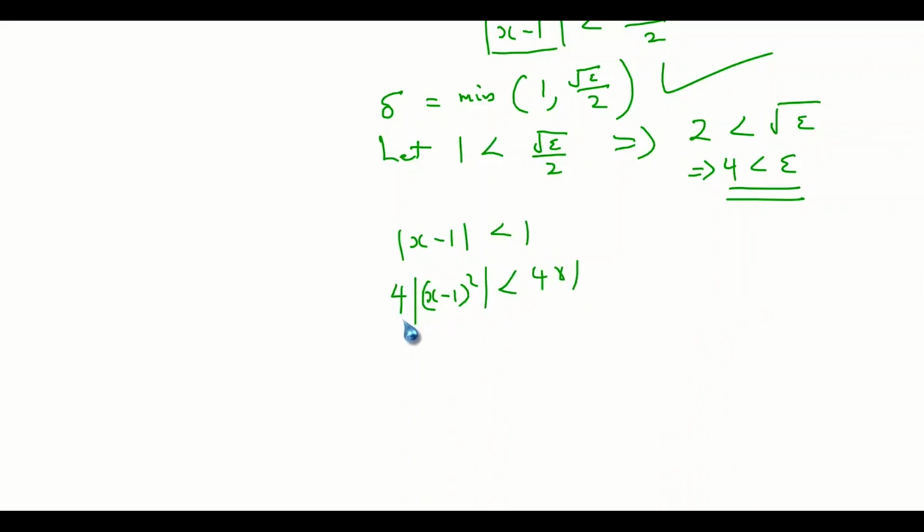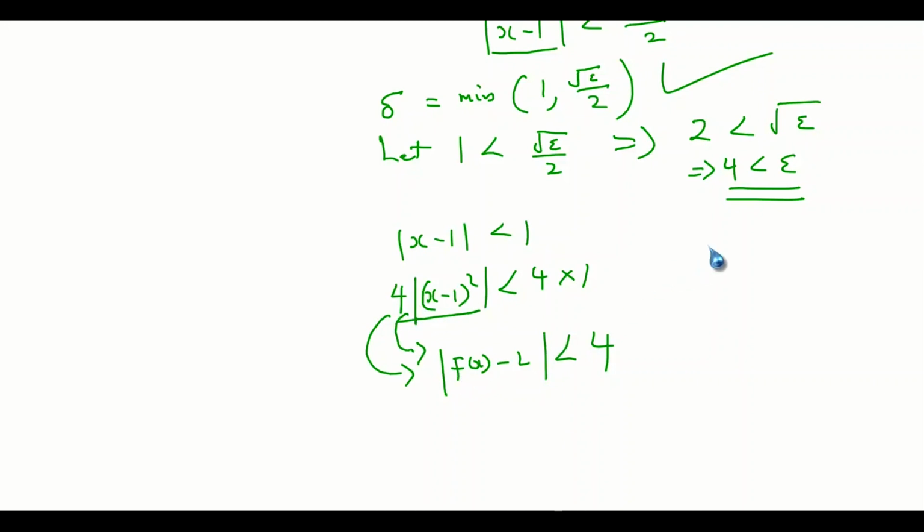But don't forget that this expression here, let me write this very well, is the same as our absolute value of f of x minus L. So it will be less than 4. I just substituted this for this.